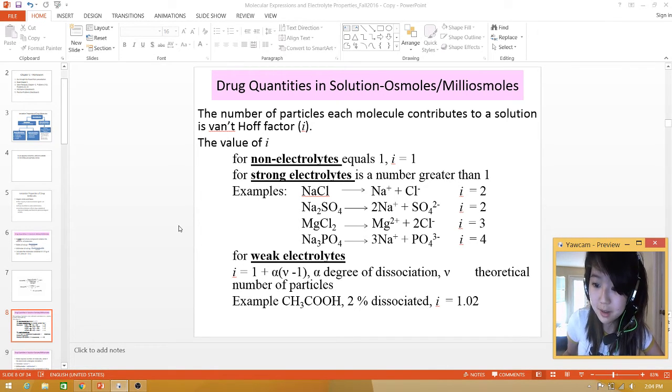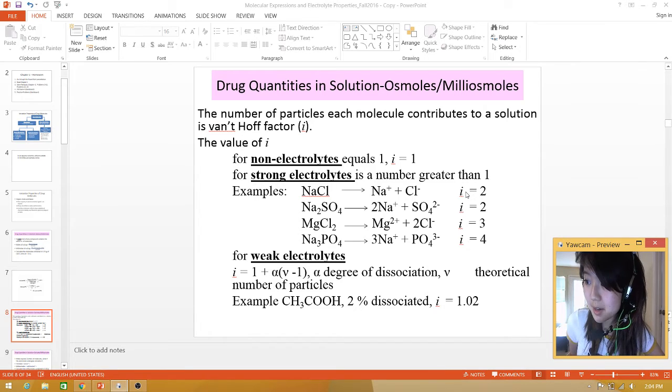So 1 mole of sodium chloride is going to completely ionize into 1 sodium ion and 1 chloride ion, as you can see right here. And so that's going to give us 2 particles, and that is the Van't Hoff factor i, or basically the number of particles that each molecule contributes to a solution.